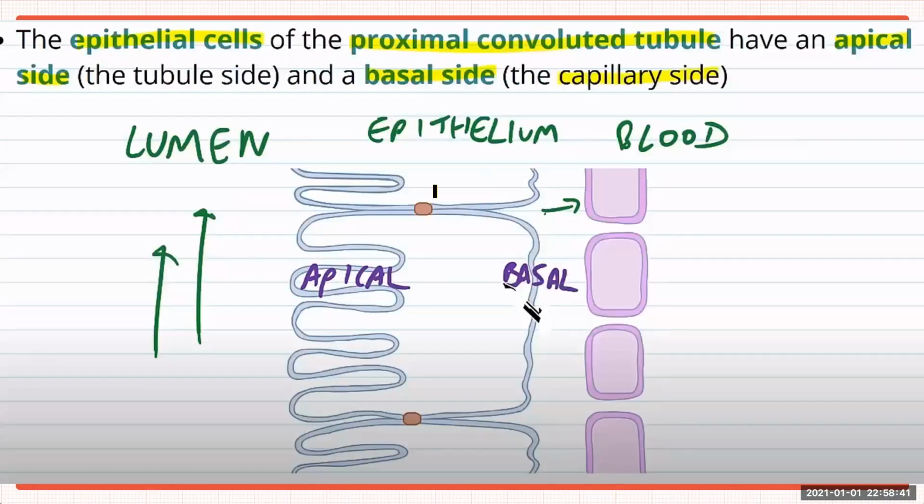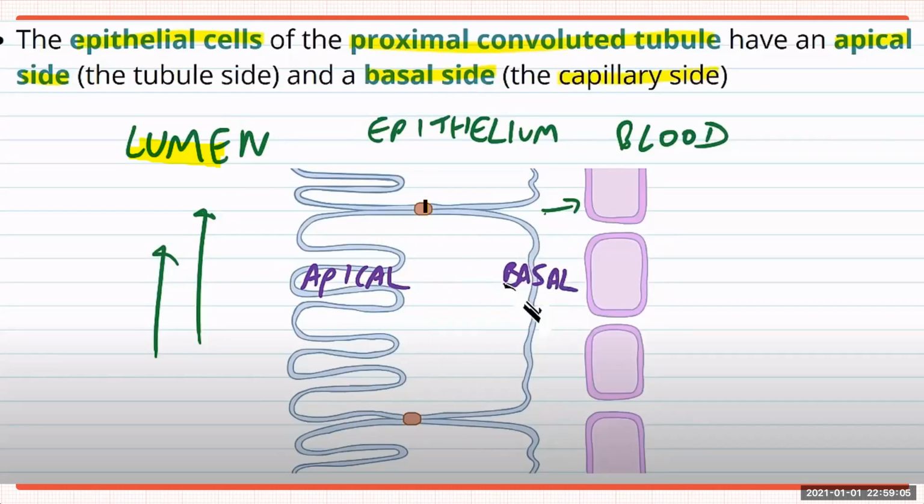So just have a look. This is the epithelium. These are the microvilli. This is the apical side, which faces the lumen here, right? It has many projections for absorption. And this is the basal side, which faces the capillary. This whole cuboidal structure that you see here is the epithelial cell of the PCT.